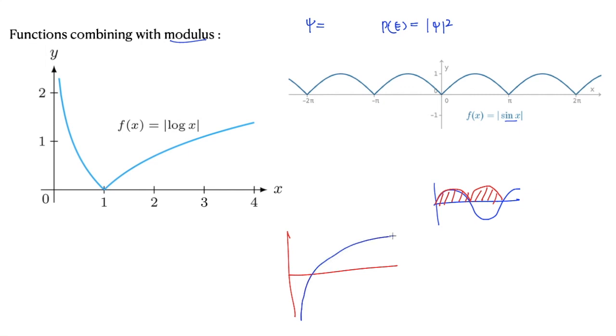It was going through the x point over here like this. But if you convert this into mod log x, then the negative side will come to the positive side like this, and the positive one will remain positive. So that is what is going to change whenever you have any modulus function.